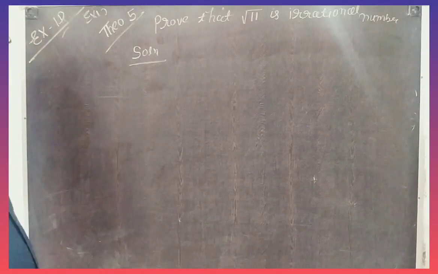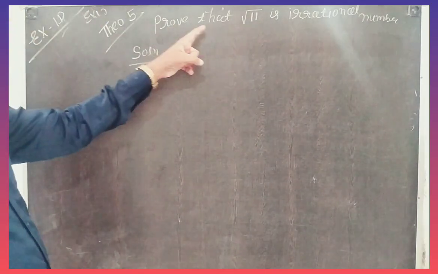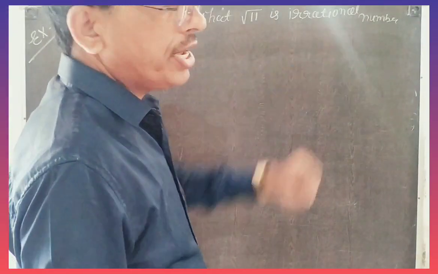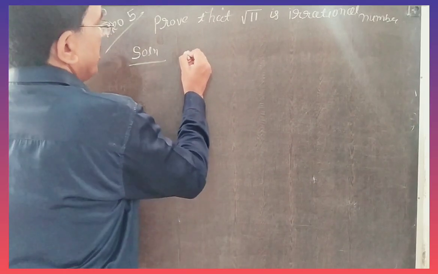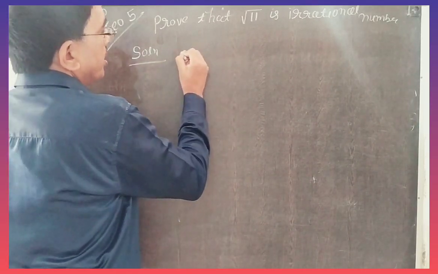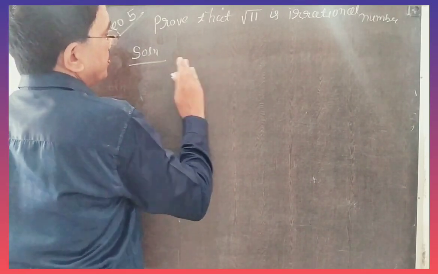And the next theorem is 5. It proves that root 11 is an irrational number. Similarly to root 2, you write root 11.